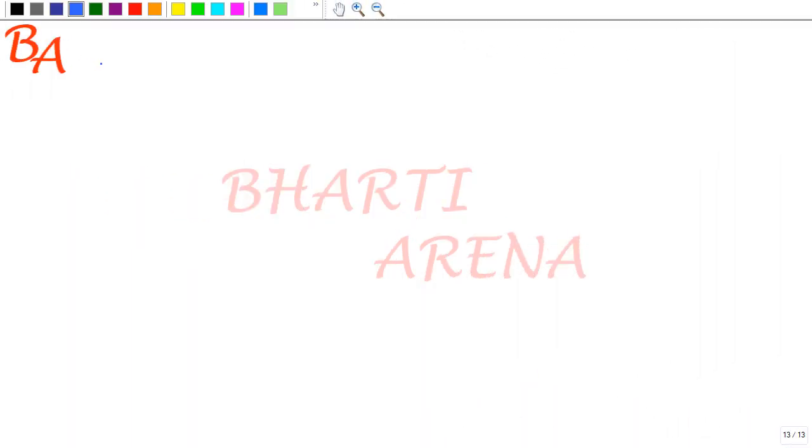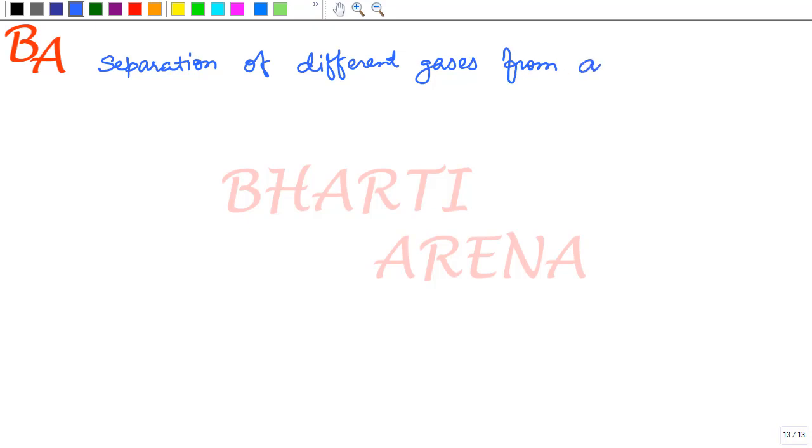Next is separation of different gases from air.